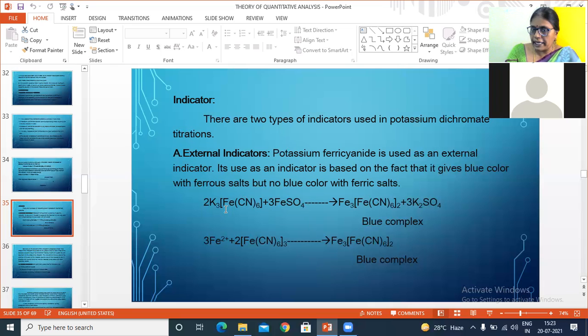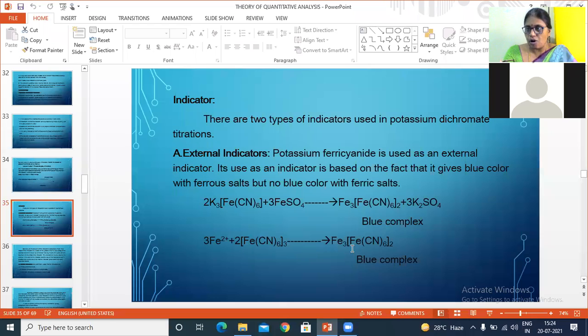See, 2K3[Fe(CN)6], potassium ferricyanide, plus 3FeSO4 gives rise to the blue complex, ferrous hexacyanoferrate, plus potassium sulfate. And 3Fe2+ plus 2[Fe(CN)6]3- gives rise to Fe3[Fe(CN)6]2. This is for when ferrous salts are there; only that salt can react with potassium ferricyanide to show a blue complex.